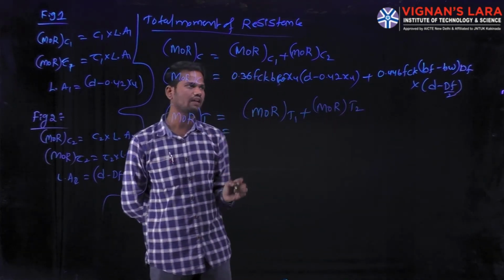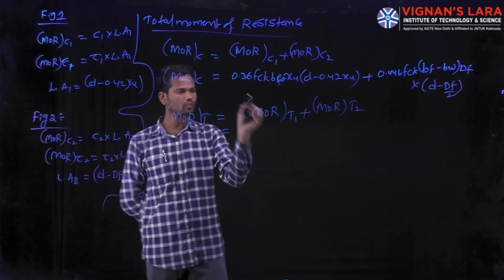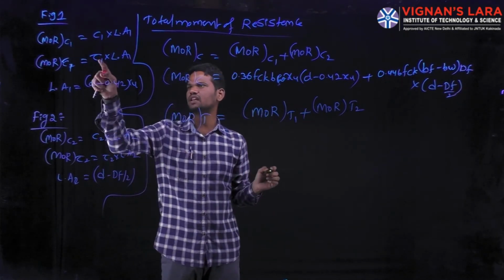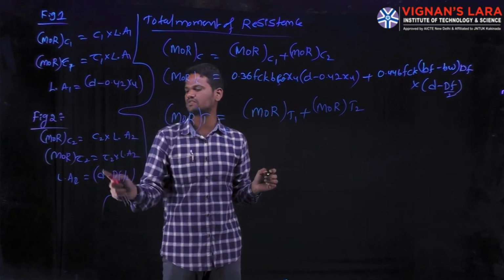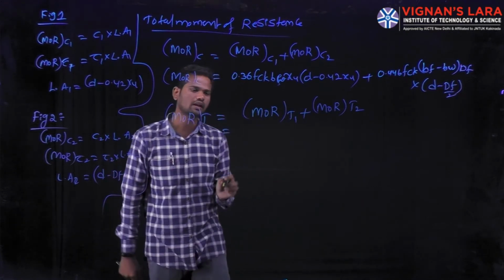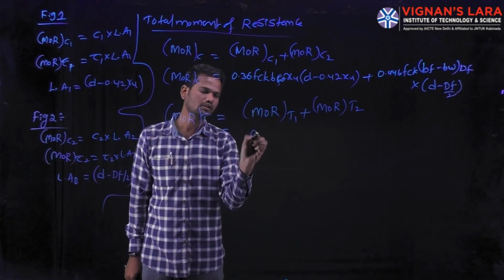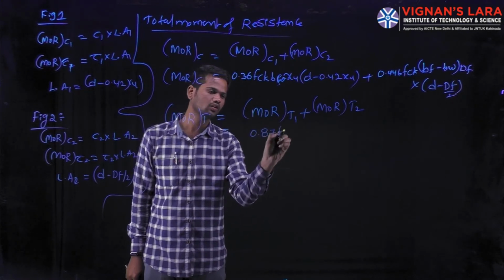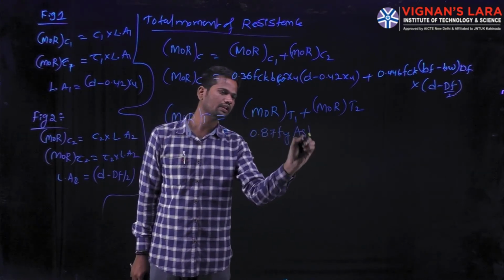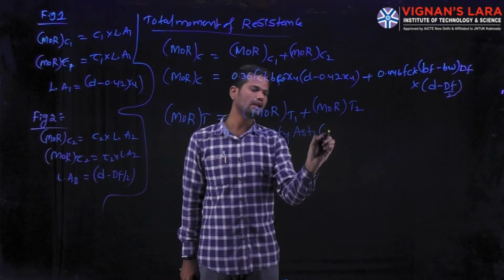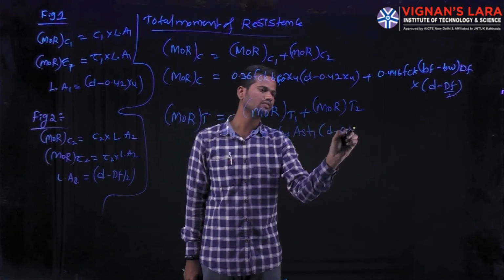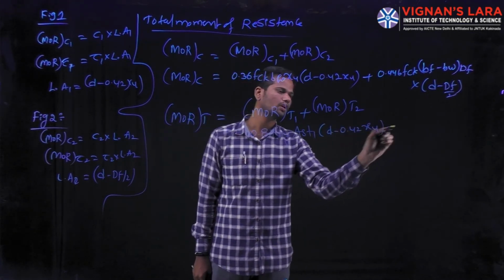From this, again, the moment of resistance equals the tensile force into lever arm 1 as well as the tensile force into lever arm 2, that is 0.87 into Fy into AST1 into the lever arm distance D minus 0.42 into XU.